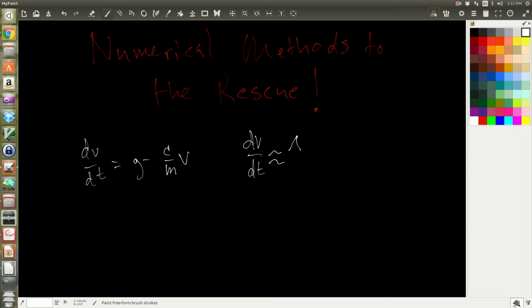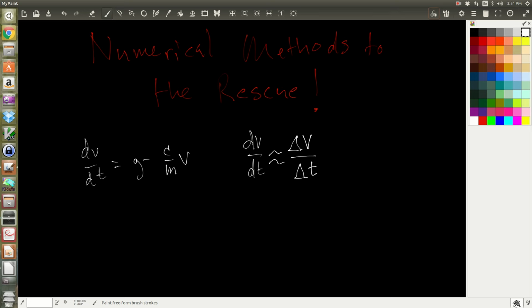So we can take a finite difference or change in v and divide it by a finite change in t instead of an infinitesimal change in v compared to an infinitesimal change in t.